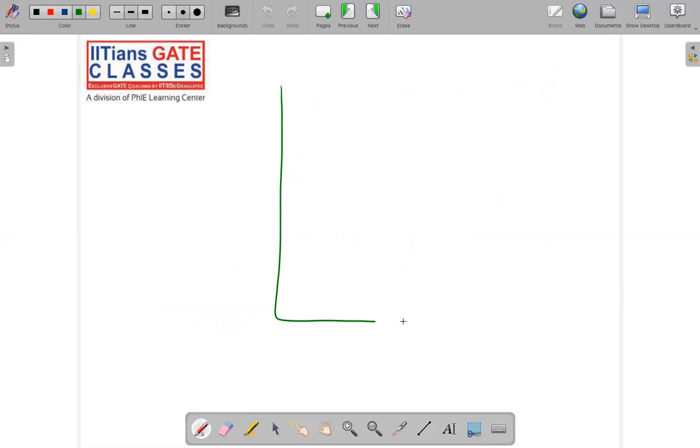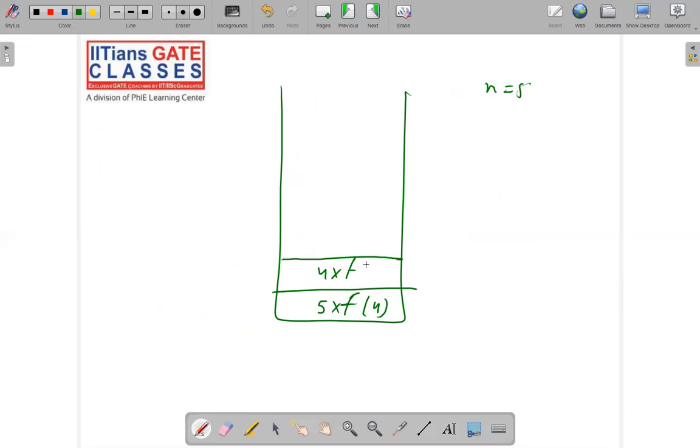So let's create a stack for n equal to 5. It will save 5 multiplied by factorial, which I am representing as f of 4. Then for f of 4, 4 multiplied by f of 3 will be called. Right now, we are calling and saving it in the stack.